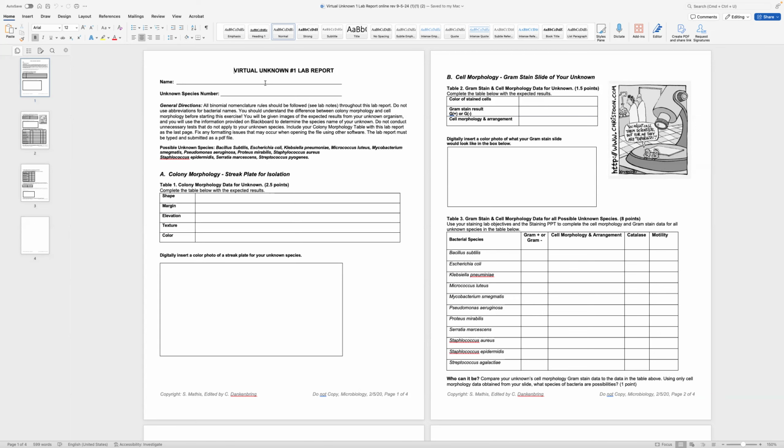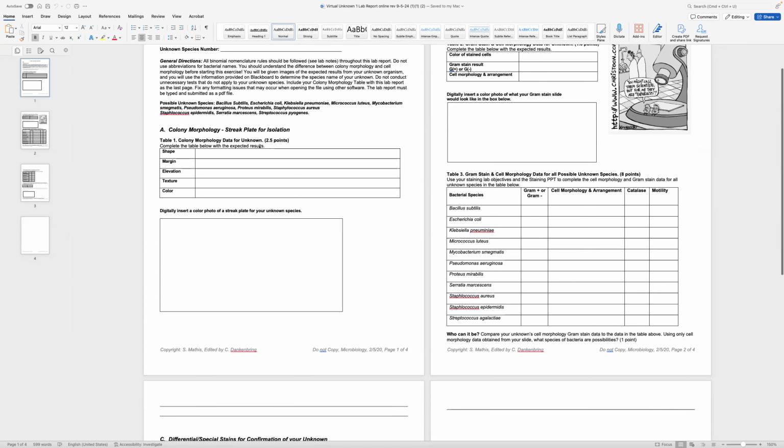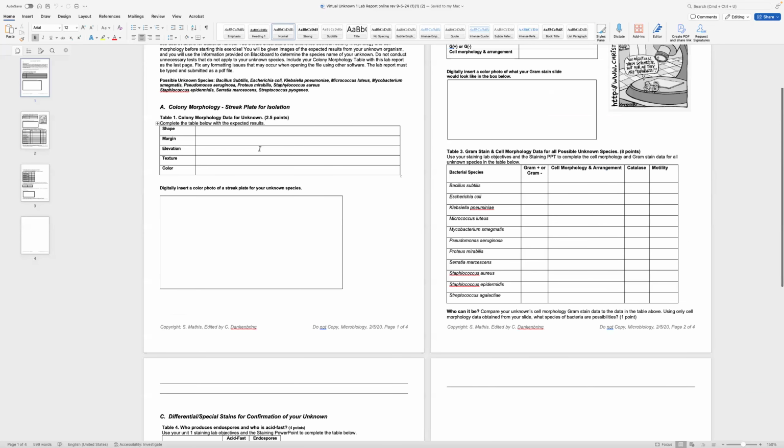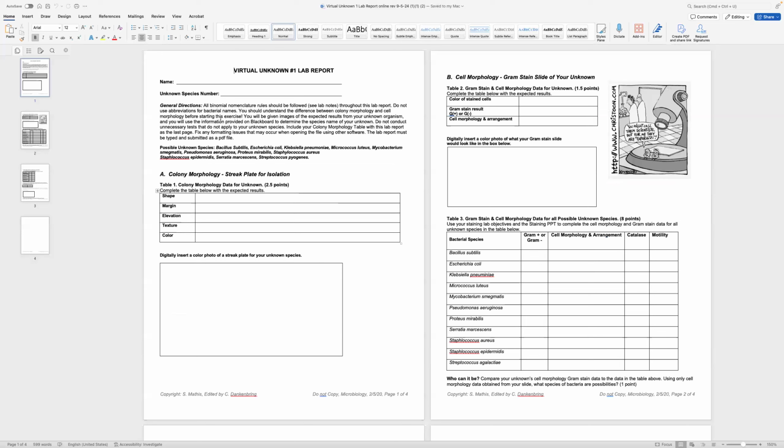Looking at this, you'll see that there are 3 pages. The first page gives you directions and talks about binomial nomenclature. That means that if you write down something like the name of your species, you need to use binomial nomenclature. Look over here and you will see all the bacterial species that are presented here.